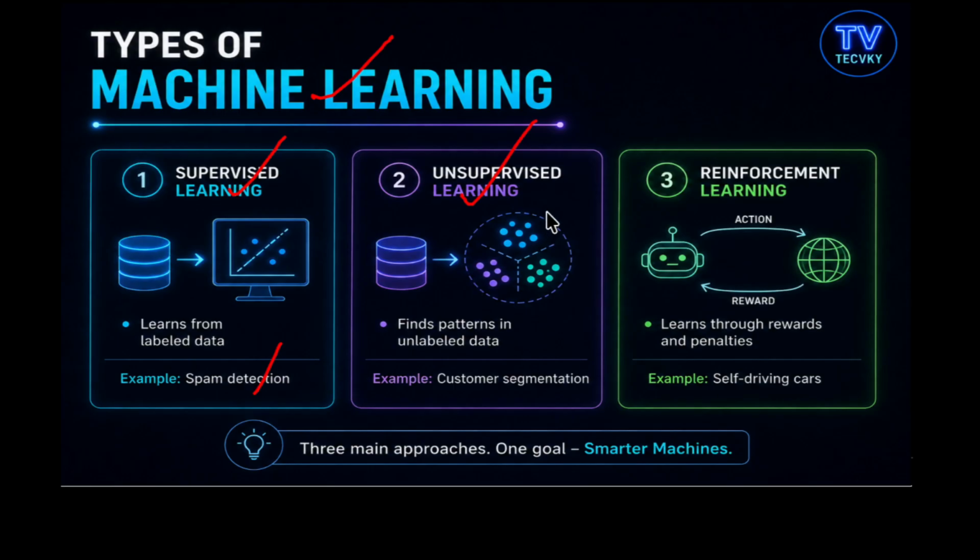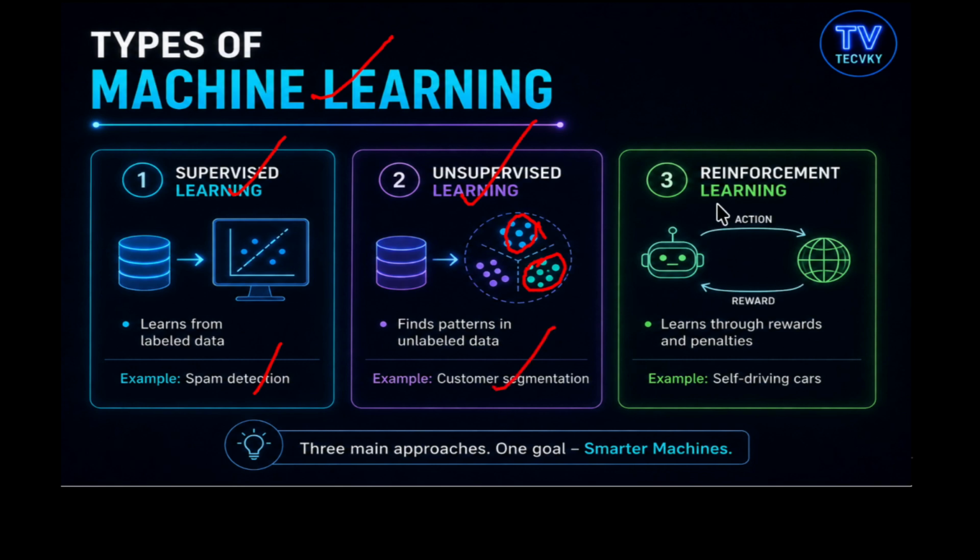The customers who have similar behavior form one group, and other customers with a different kind of behavior form another group. Like that, AI finds the patterns and then builds the relationships on its own. This is commonly used for customer segmentation, pattern discovery, and recommendation systems.